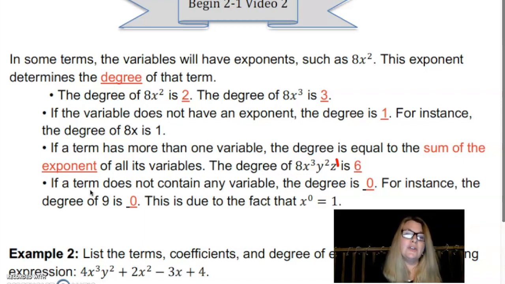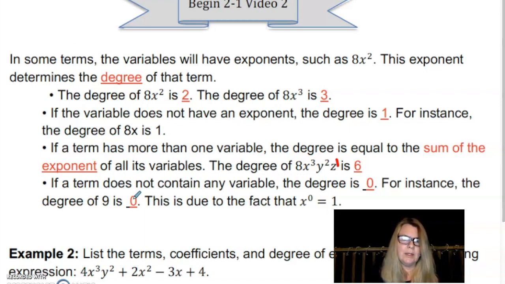Now, if there's a term that doesn't contain a variable, that degree is 0. For instance, 9. There's no variable at all, so the degree is 0. This is due to the fact that x to the 0 power is equal to 1. I'll explain that just a little bit right here.